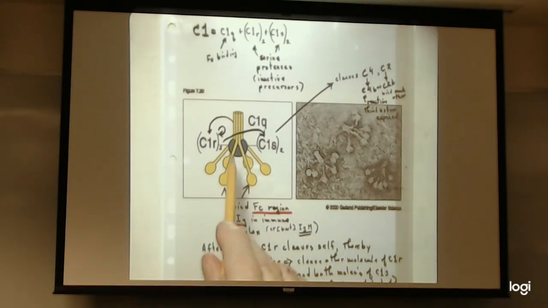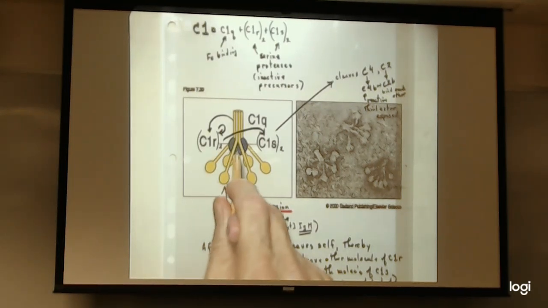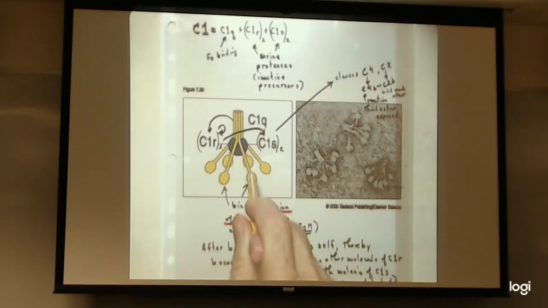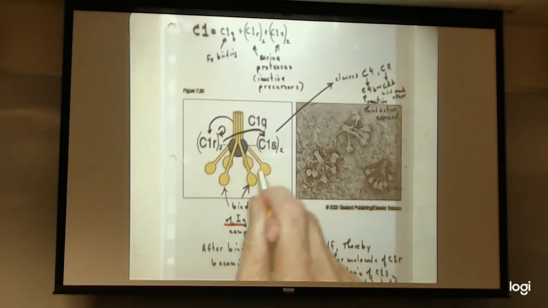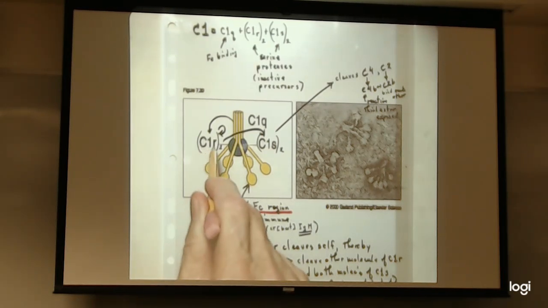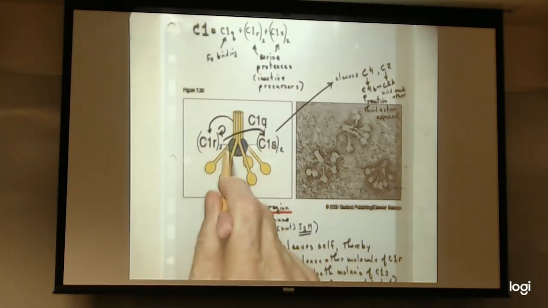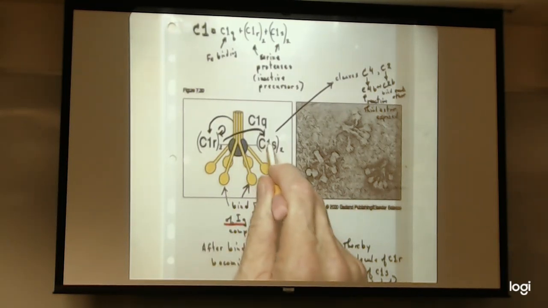After binding C1q to the antibody, C1q will change its shape when it binds to the staple form of IgM. That shape change activates the intrinsic protease activity of the R subunits. They cleave themselves, thereby activating themselves, and then they go ahead and cleave the S components as well.